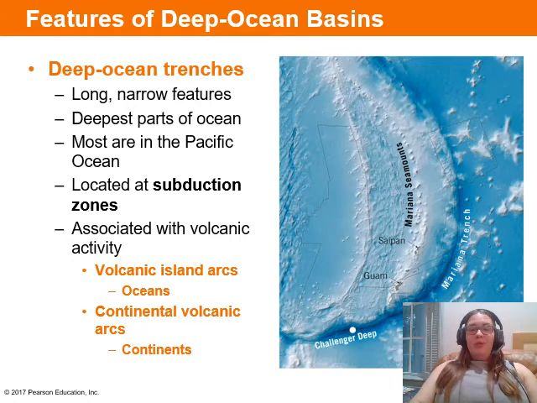And we're going to have two different types of volcanic chains forming. Some of them are going to form in the middle of our oceans, and they'll be called volcanic island arcs. But other chains of volcanoes are going to form on our continents, and we'll call these continental volcanic arcs. And we'll go over each of these separately in just a few minutes.